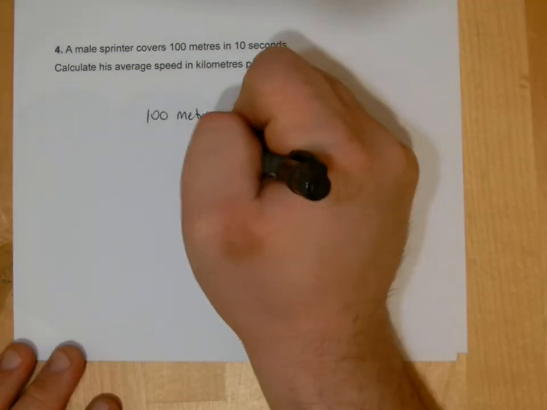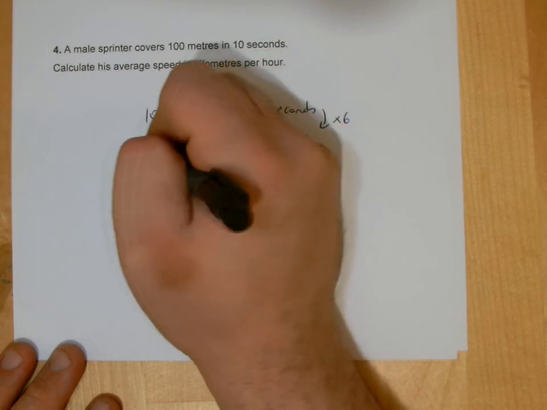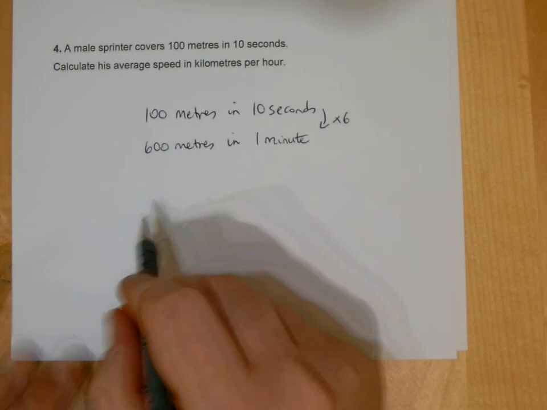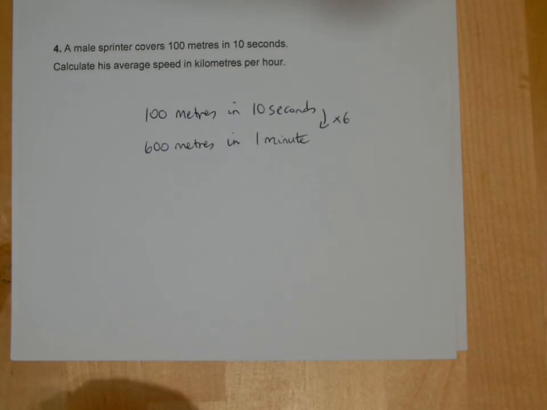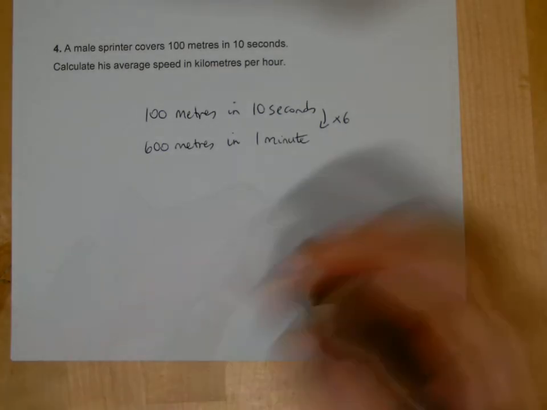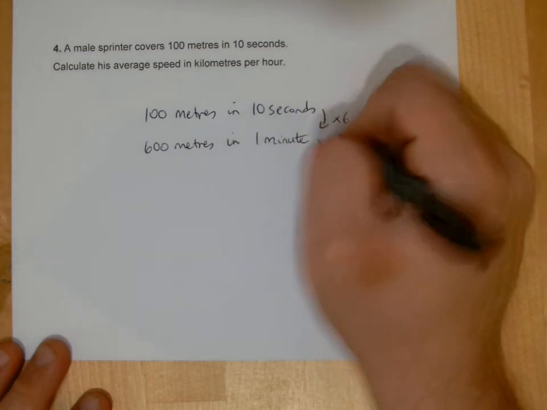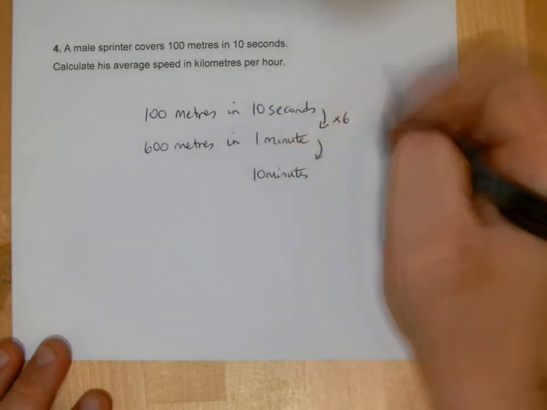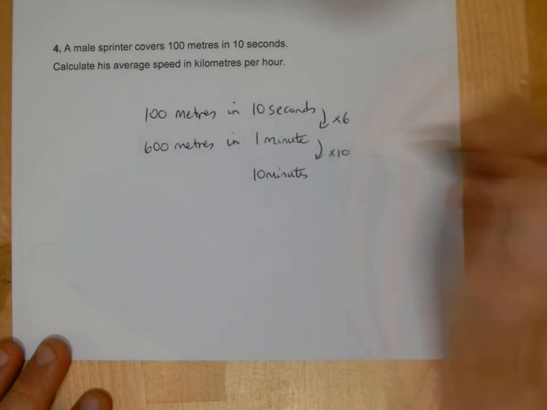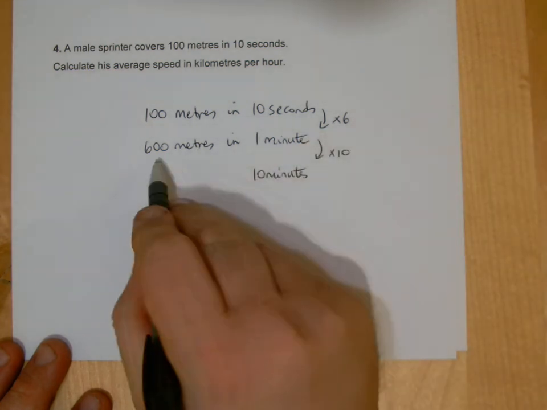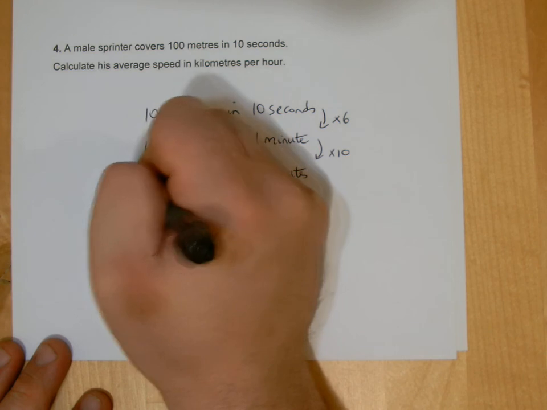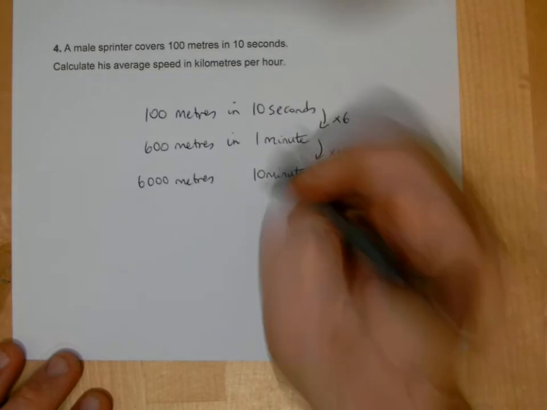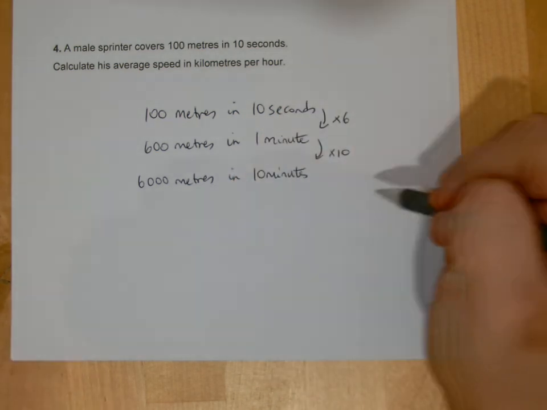So that means the sprinter would go 600 meters. You can do 100 meters in 10 seconds. In a minute, you do 600 meters. Let's keep scaling it. Let's go to 10 minutes. So if I went to 10 minutes, I'd have to times the time by 10. So I'd have to times the distance by 10. So that would be 6,000 meters in 10 minutes.